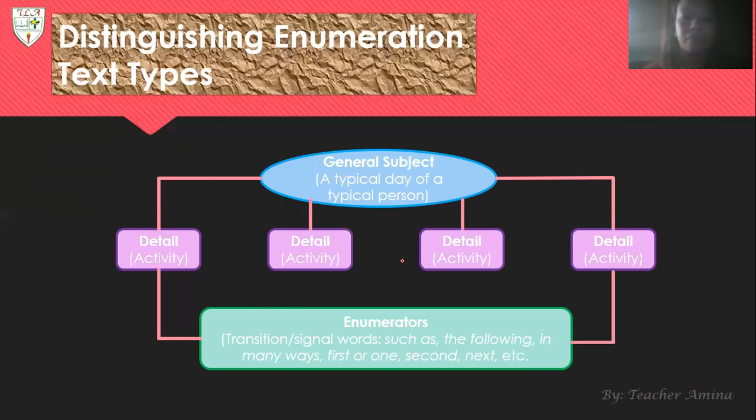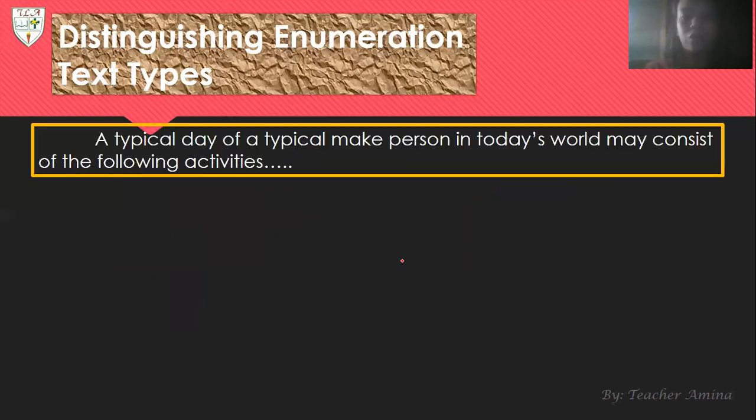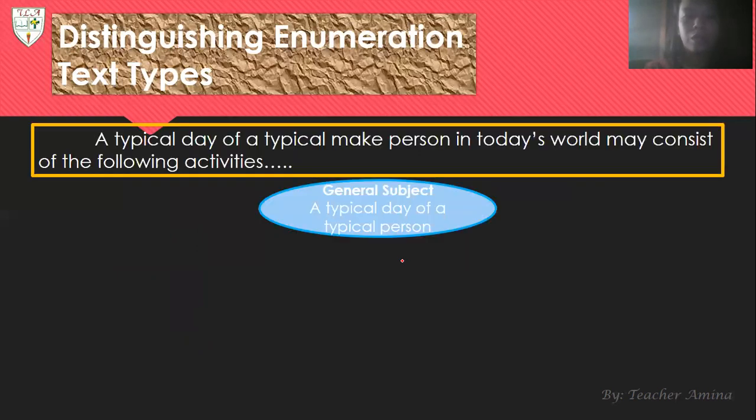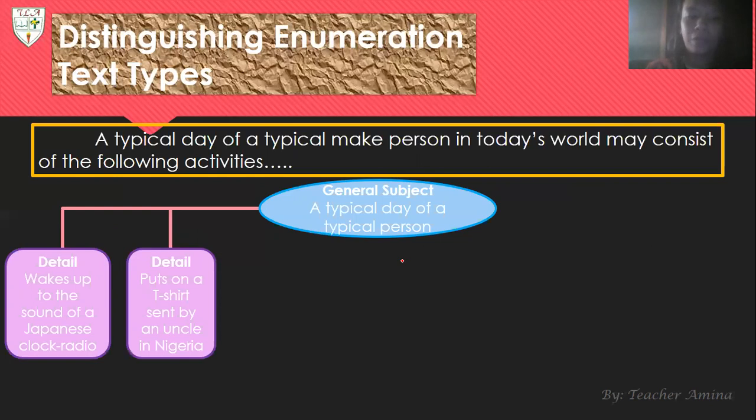Okay. So for this enumeration text type passage, the general subject of this is a typical day of a typical person. So here are the details of that. Wakes up to the sound of a Japanese clock radio. The activities, okay.